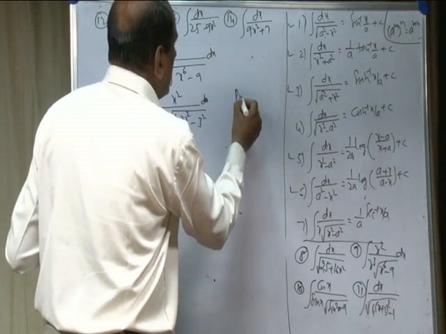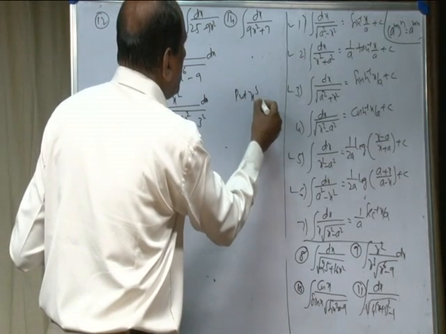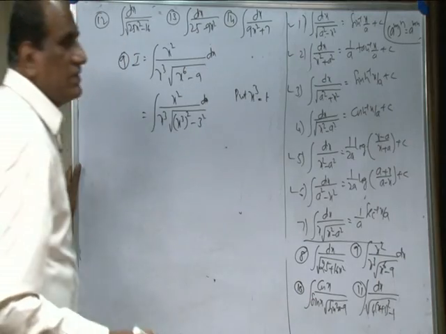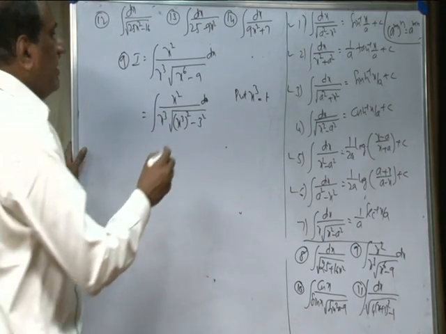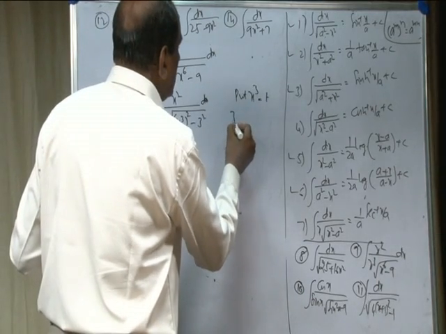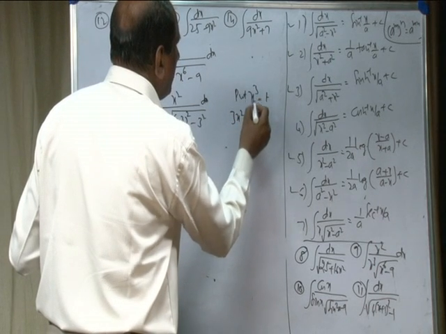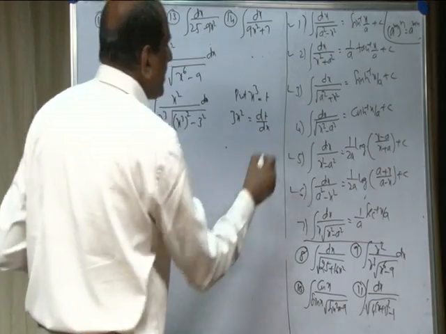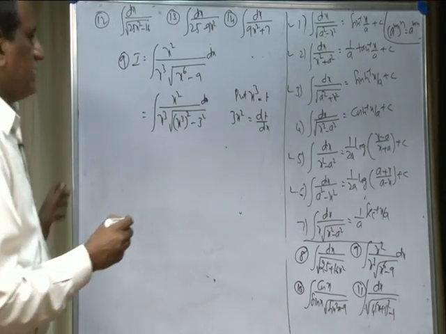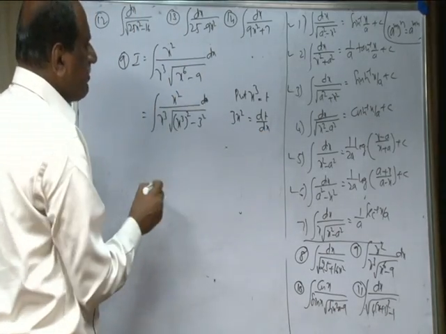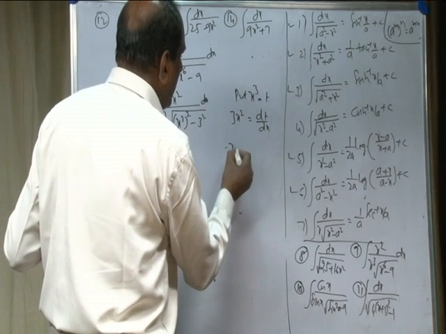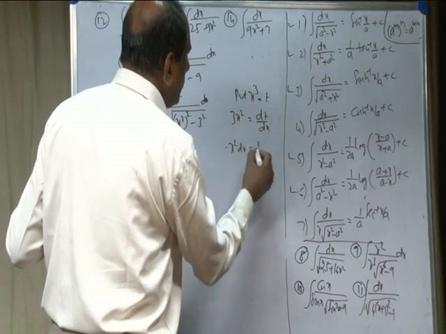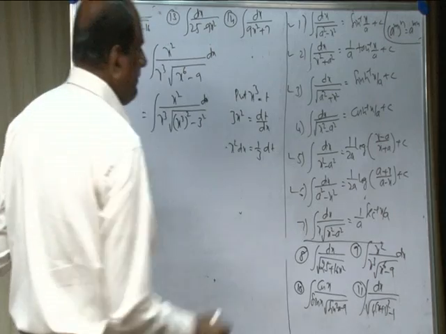So, put x cubed is equal to t. Differentiate both sides: 3x squared is the differentiation of x cubed, and differentiation of t with respect to x is dt by dx. We want only x squared dx in the numerator, so x squared dx is equal to 1 by 3 dt.